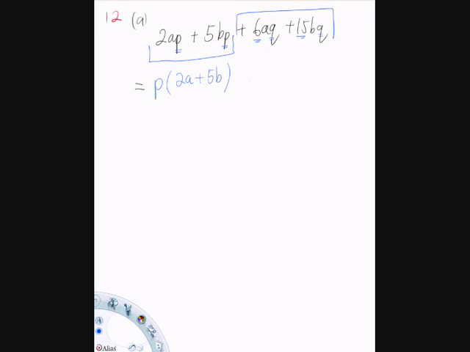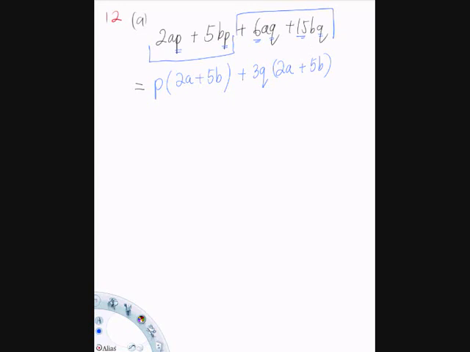So we are bringing out a common factor of positive 3q. When we bring out positive 3q, we are left with 2a for the third term, and 5b for the fourth term, which is the last term.